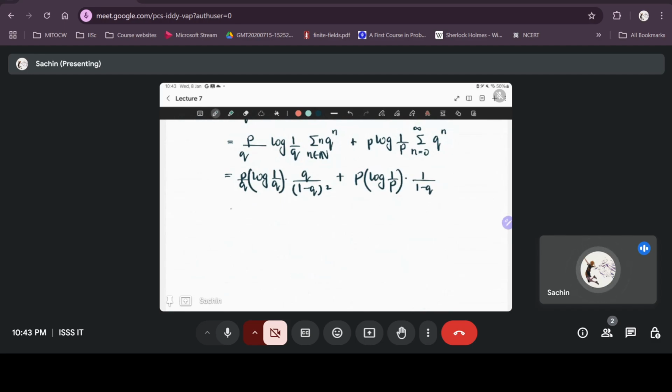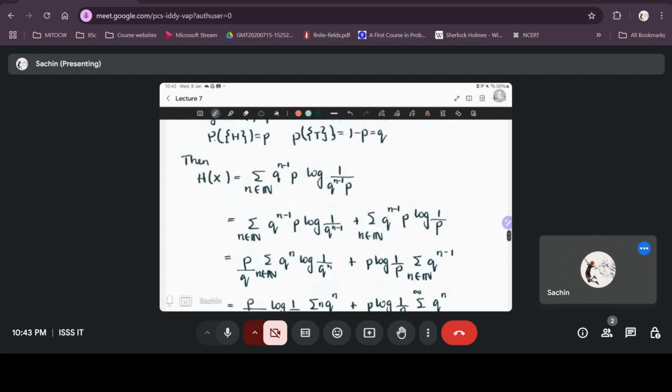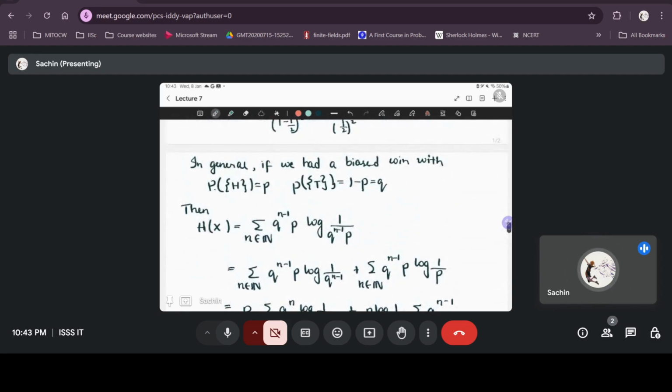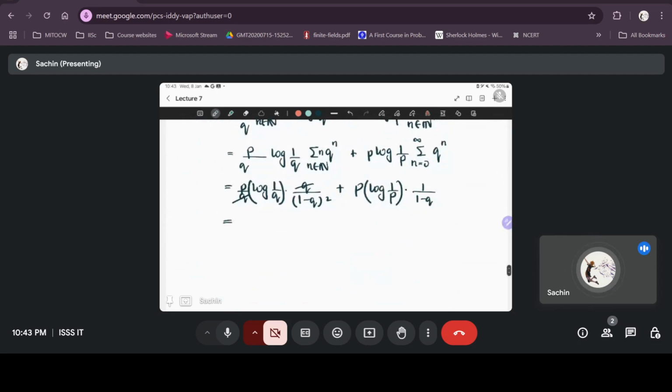So you can cancel out the q and cancel out these two q's, and p was actually equal to 1 minus q, so you can cancel out p and one of the 1 minus q's.